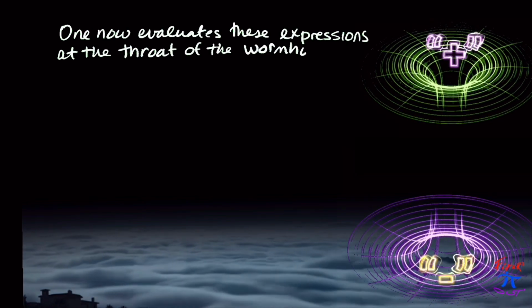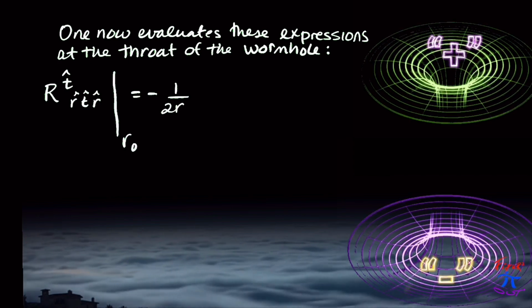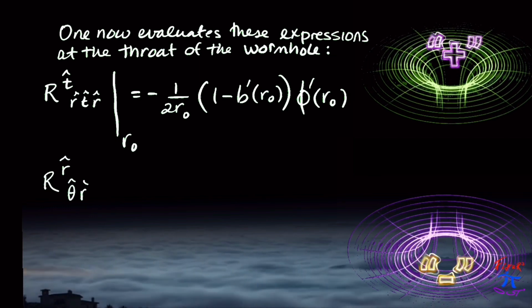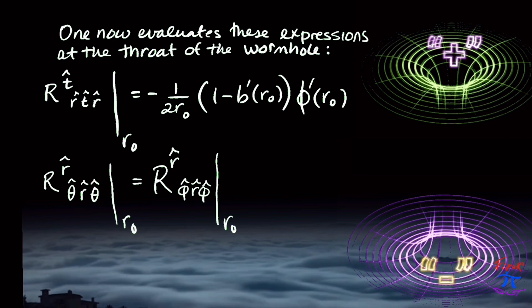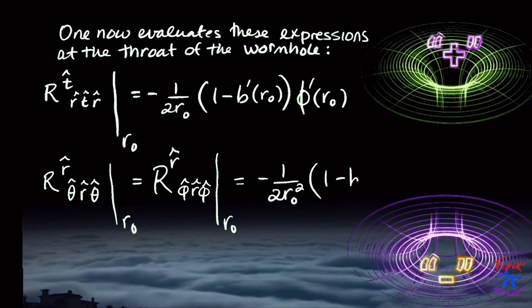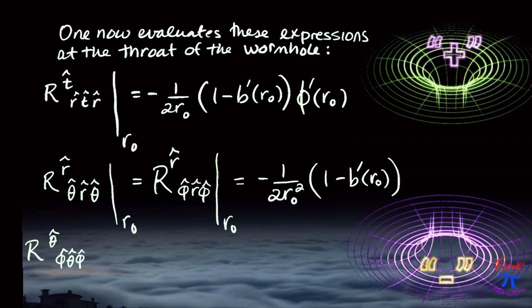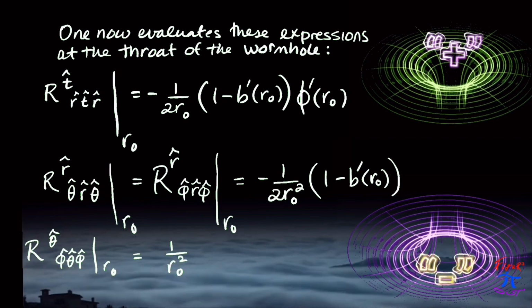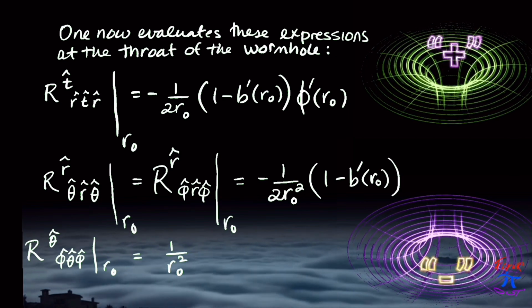One now evaluates these particular expressions at the throat of the wormhole, that is, at r sub 0, and we get the following expressions. One can see that the derivatives of both the shape function and the redshift function show up in some of these expressions.